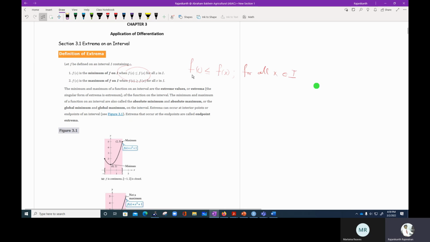So basically, the function value is smaller than any other value, which means the function has a minimum at the x value c.